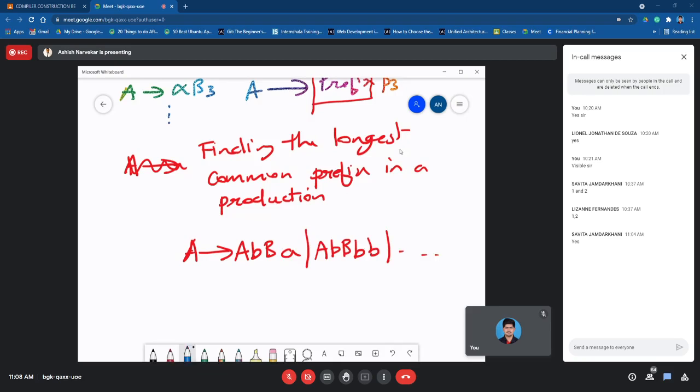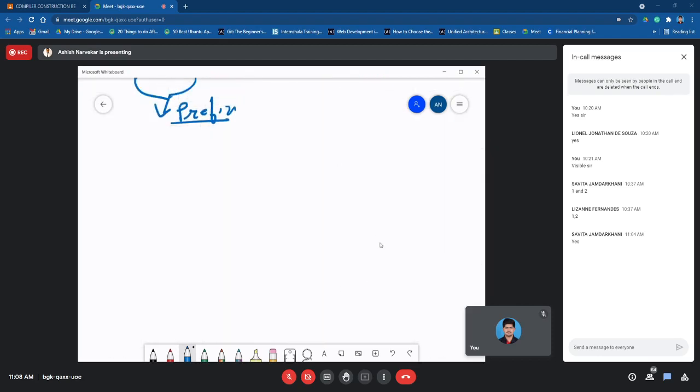If you notice over here, what is common is a small b capital B, a small b capital B. So these two are prefixes, and here they are the longest prefixes. Just to consider, if this had been a small a, then we would have to consider this also as a part of the prefix. So this also would have been a prefix. Basically, left factoring is a concept of finding the longest prefix.